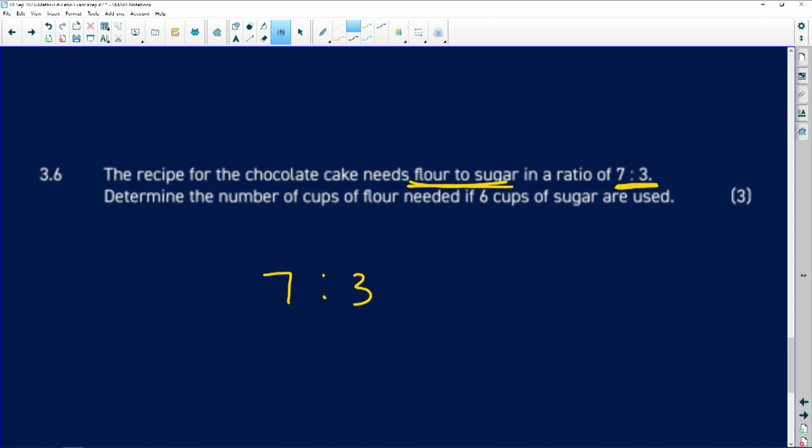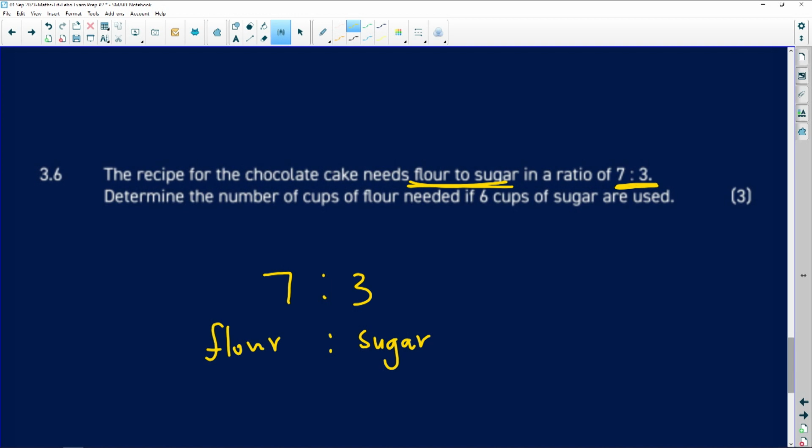Even if I was asked to write my own ratio, exactly, this is flour and this is sugar. Do you see what I mean? Exactly as it is given. If I don't do it exactly as it is given, it's going to give me problems. Determine the number of cups of flour needed if 6 cups of sugar are needed.